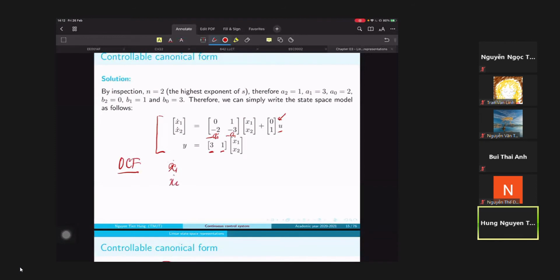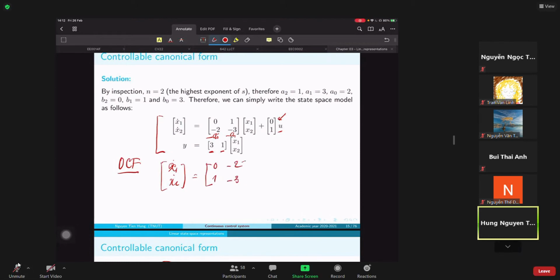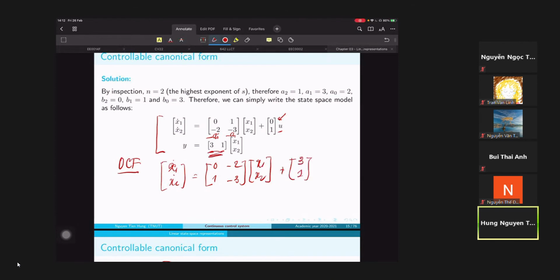X1 dot, X2 dot becomes 0, 1, and here we got -2, -3, times X1, X2, and plus the transpose 3, 1 times u.